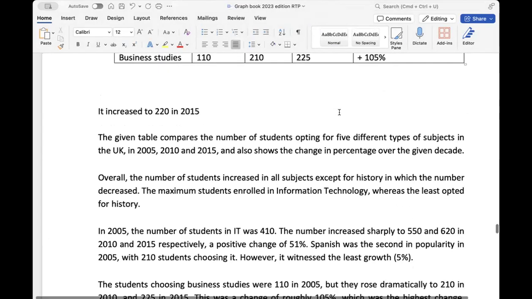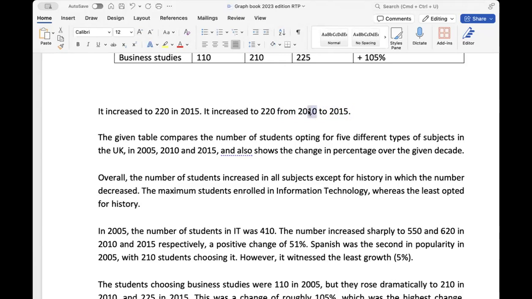I don't want you to write this sentence. Instead of that, I want you to write it increased from 2010 to 2015. Give me a period. Don't tell me in which year it increased. Give me कि यहाँ से यहाँ तक increase हुआ है. Do you get what I'm trying to say here?